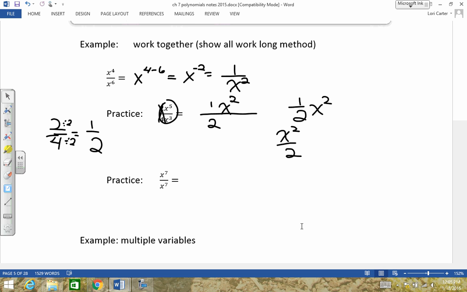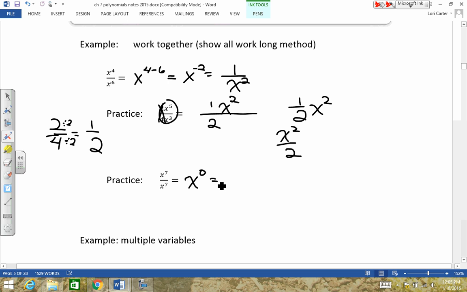Yep. So if you do this work, that's x to the 0. But anything divided by itself is 1. Anything to the 0 power means you are dividing it by itself. It's always 1. So could I make this problem look ridiculously ugly? Yep.